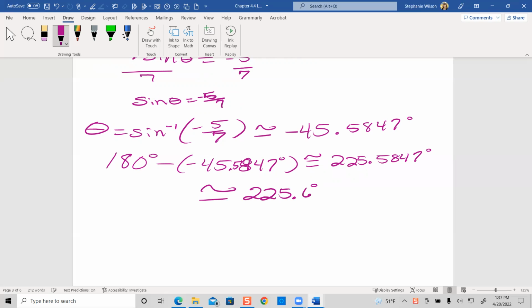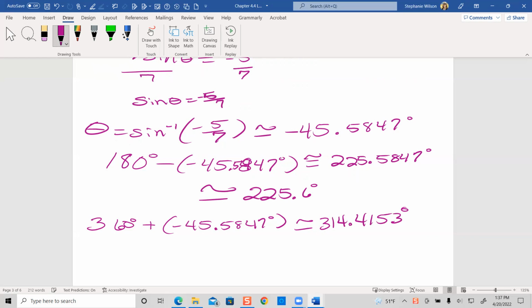And then now what I want to do is, okay, so I got 360 degrees. That's the complete circle, right? And I'm going to add that -45.5847, which is going to give me 314.4153 degrees, round to the nearest tenths.